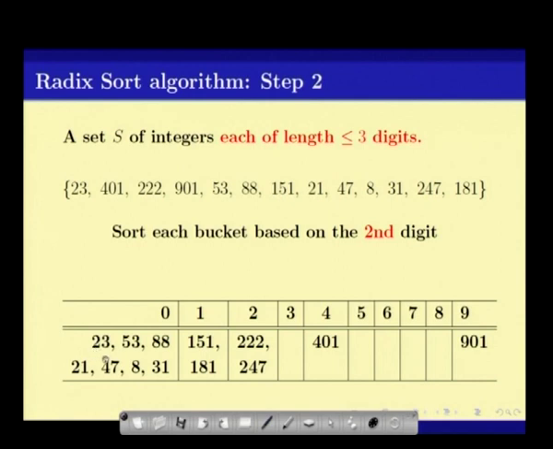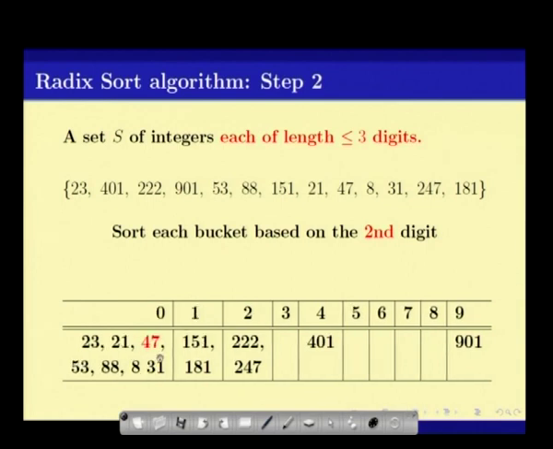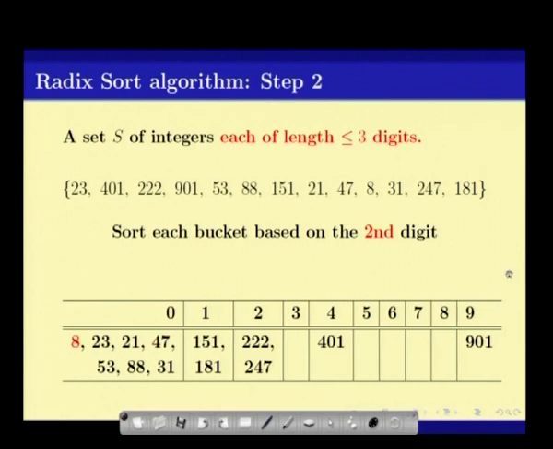First of all, 23 is a bucket, 53 is a bucket, 88 is a bucket, we go by one, then we find 21. Now, 21 must go to the second bucket, so I put it in the second bucket, and again we go to the 47 which should be in the fourth bucket, which should be before the fifth bucket, and so on, until we have the bucketing done.